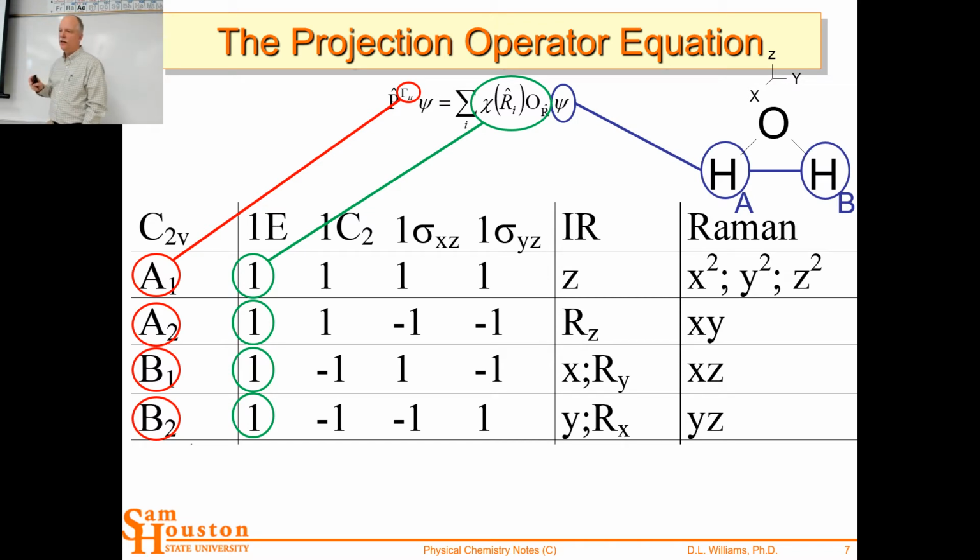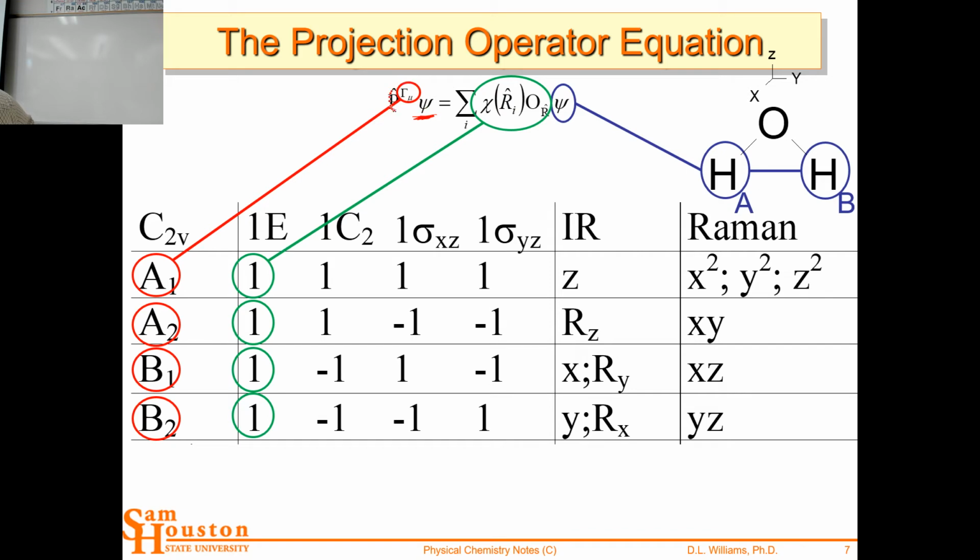So it's saying that this P here, this beginning of this equation, is a projection operator operating on the wave functions. These will be the atomic orbital wave functions. And what it's going to give us is the symmetry of that combination of atomic orbitals.